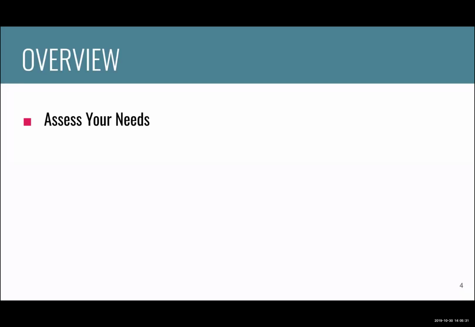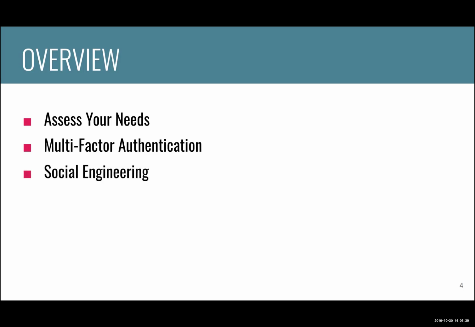So these are the things that we're going to go through today. We're going to start by thinking about assessing your needs in this context. We're going to define multi-factor authentication a little bit, talk about how it impacts social engineering, and then how different authentication types act differently, when some are more useful than others.